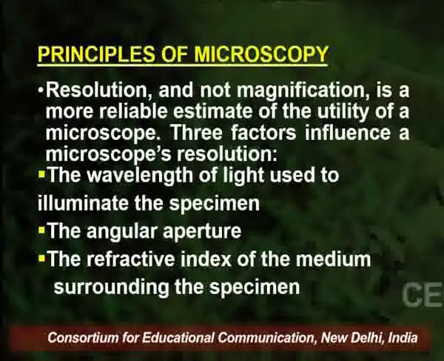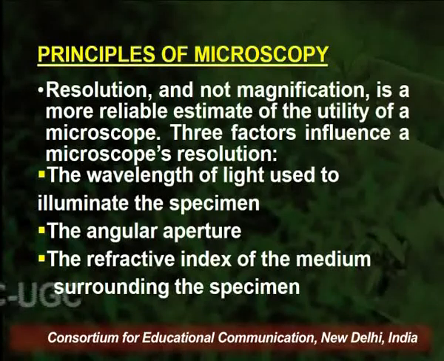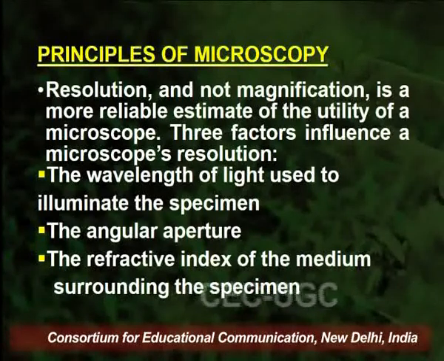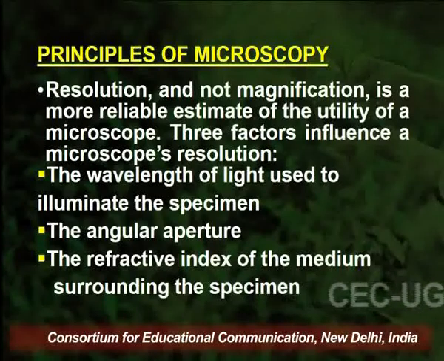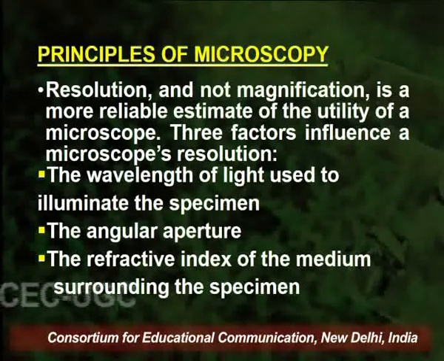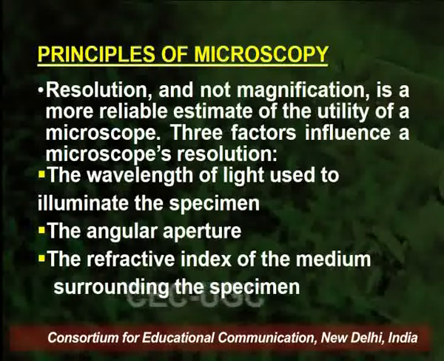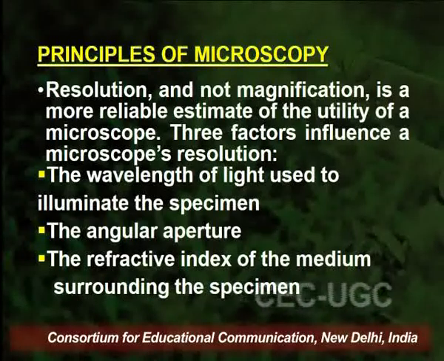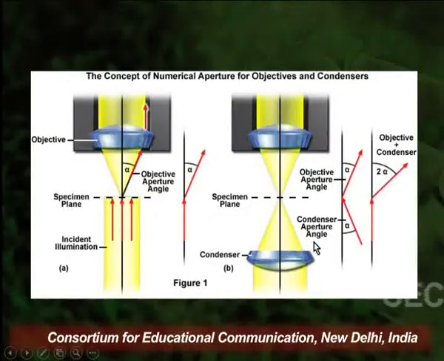The first is the wavelength of light which is used to illuminate the specimen. The second factor is the angular aperture, and the third is the refractive index of the medium surrounding the specimen.